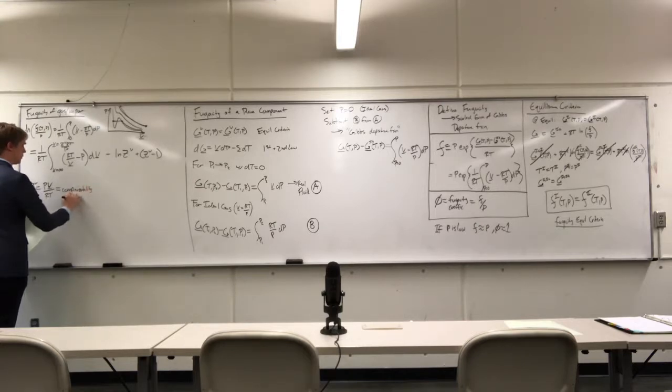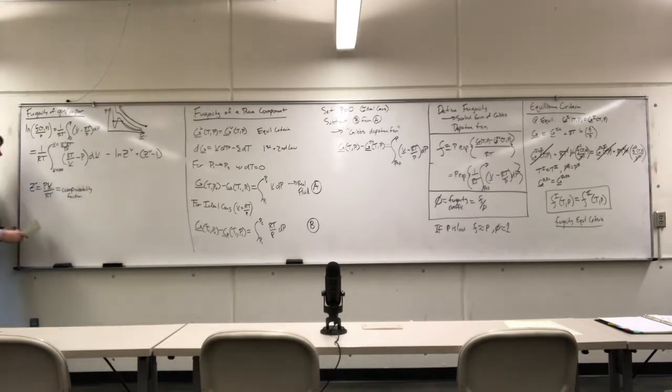Most often when we've encountered the compressibility factor, it's when we use generalized compressibility factor charts. Is that ringing a bell for anyone from their process engineering or undergraduate thermodynamics class? Where you don't want to solve an equation of state, so you're lazy, so you just look at the generalized charts. We typically think of this for vapors that have a small deviation, but you can calculate the compressibility factor for a liquid as well.